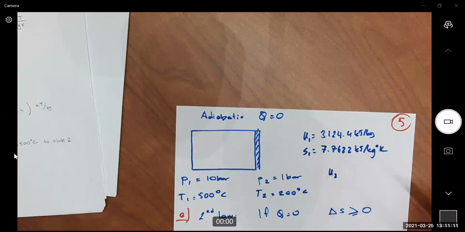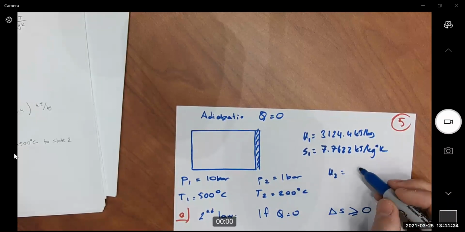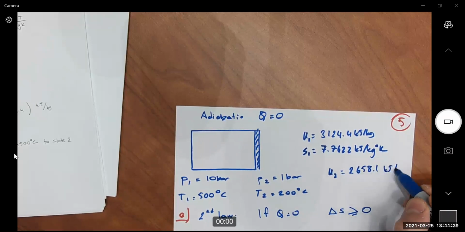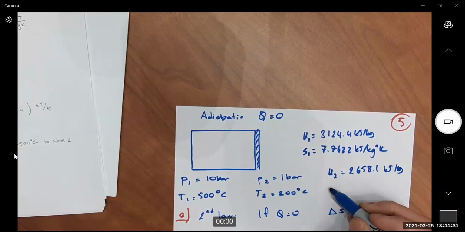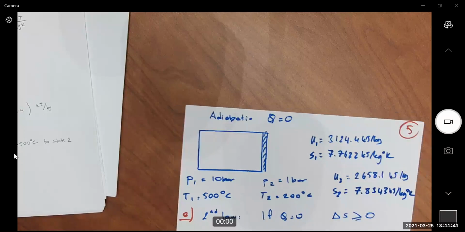You can also find enthalpy, specific volume, and so on, if you would like to. So internal energy at state 2, 1 bar, 200 Celsius, will be 2,658.1 kilojoules per kilogram. Entropy at state 2 is 7.8343 kilojoules per kilogram Kelvin.